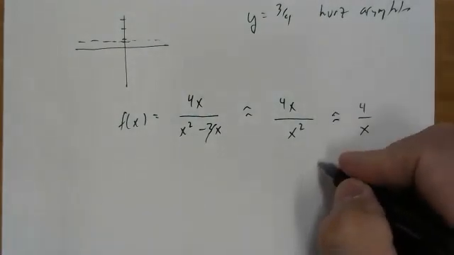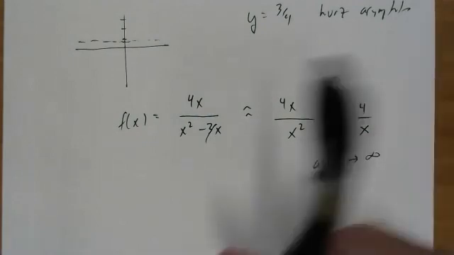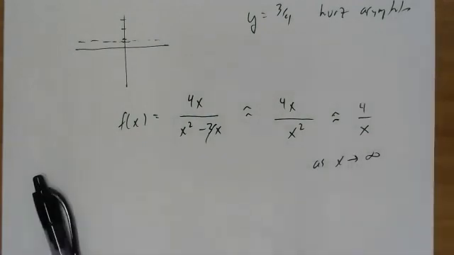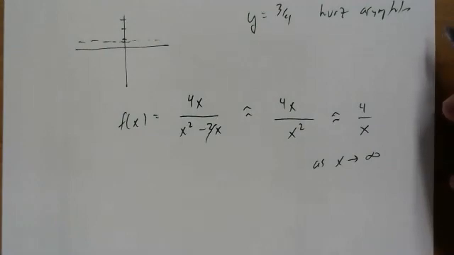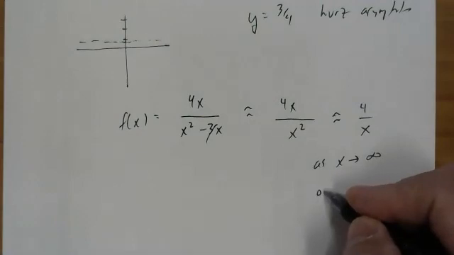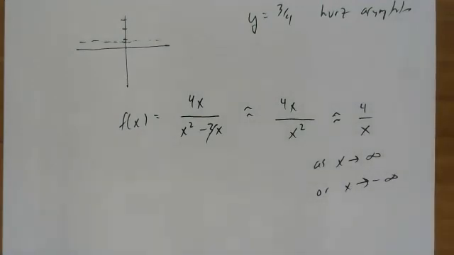Now, as x gets large, maybe you can imagine even as x goes to infinity, what is this function going to be equal to? Or as x goes to negative infinity?